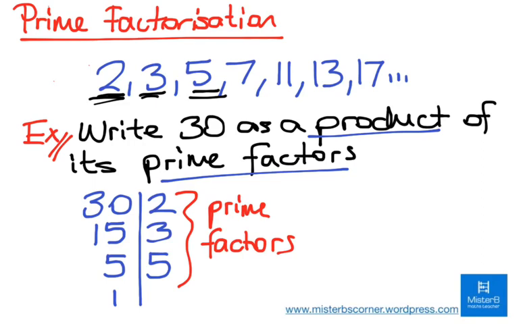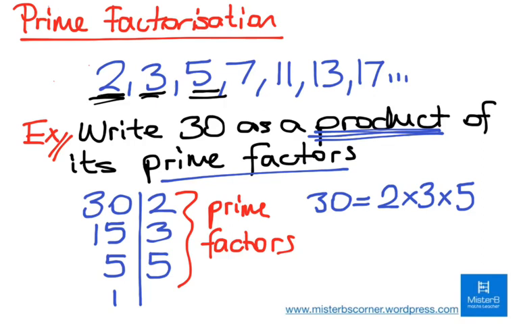Now, the question said, write 30 as a product, a multiplication of its prime factors. So we have to write down our answer like this, which otherwise will be incomplete. So it's going to be 30 equals 2 times 3 times 5. So that's the answer.